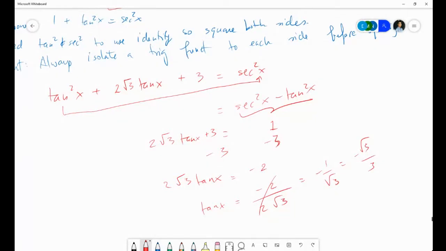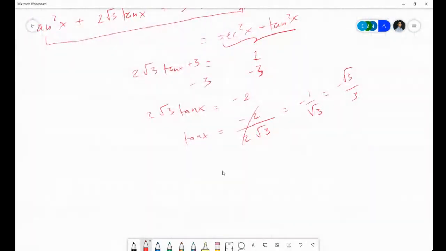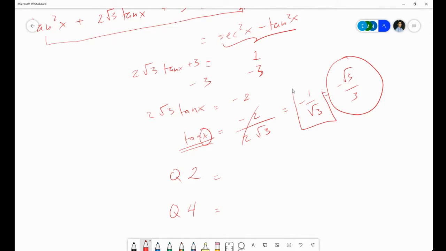Okay. So what angle is it going to be in? What quadrant is it going to be in? Let's talk about that first. This is negative. So what quadrant is tangent x going to be negative in? 2 and 4, right? So now let's use the first quadrant. What angle will give me tangent of 1 over square root of 3?